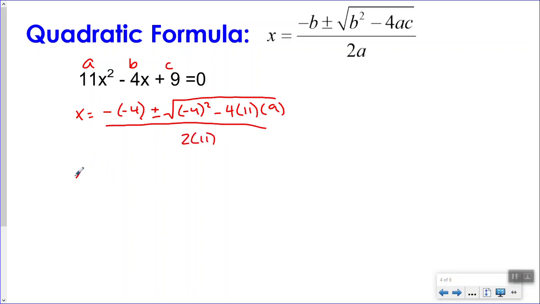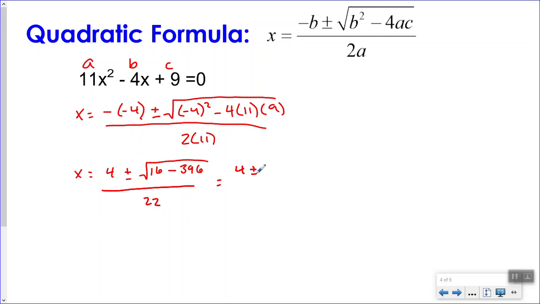And now I'm just going to use the order of operations to go ahead and simplify. So negative 4 is positive 4, plus or minus the square root. Negative 4 squared is 16, minus 4 times 11 times 9 is going to be 396, all over 22.